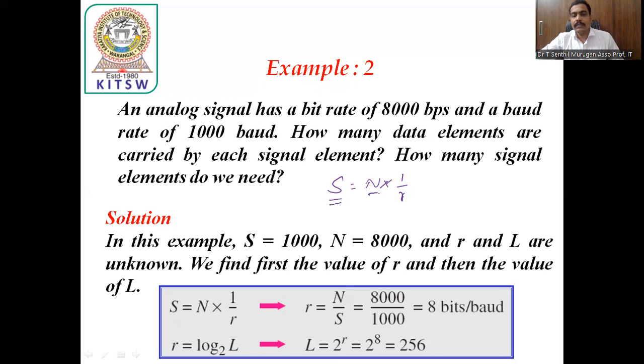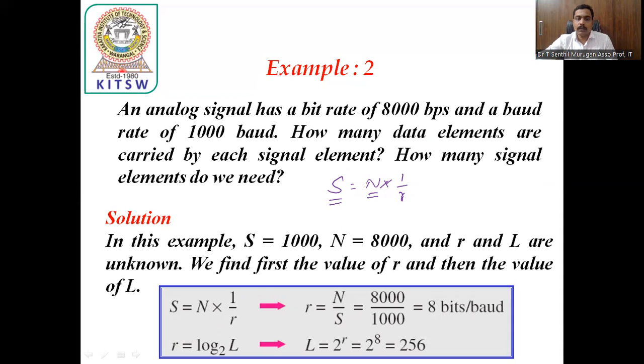We have to calculate how many data elements are carried by each signal element, that is the ratio, and how many signal elements we need. These two questions we have to answer. Now we know that S equals 1000.